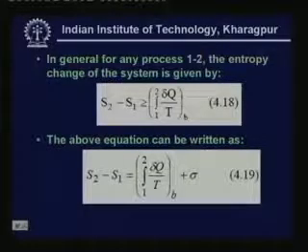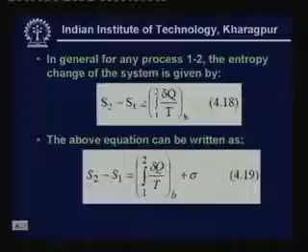And the above equation, that means 4.18, can also be written in this form. That means you can eliminate the greater than sign and write this as S2 minus S1 is equal to the integral of δQ/T from 1 to 2 plus sigma. And sigma is what is known as the entropy production parameter.